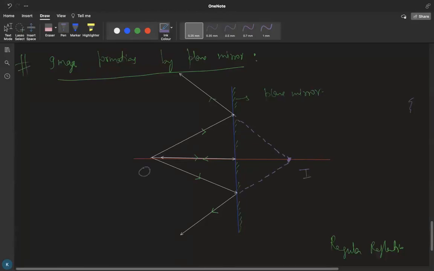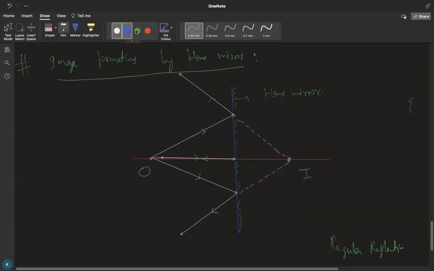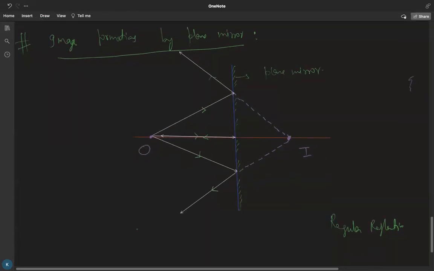This is actually our object, this point, because what is actually an object? The intersecting point of the incident light is actually termed as object, right? So this is actually our object. Let me take the green color because white is already in use. So this is actually the intersecting point of the incident rays of light. So this is termed as object.